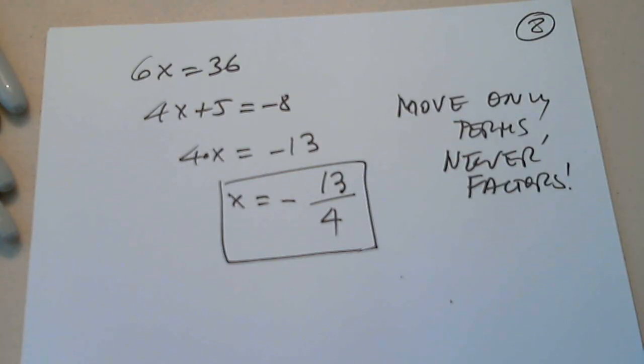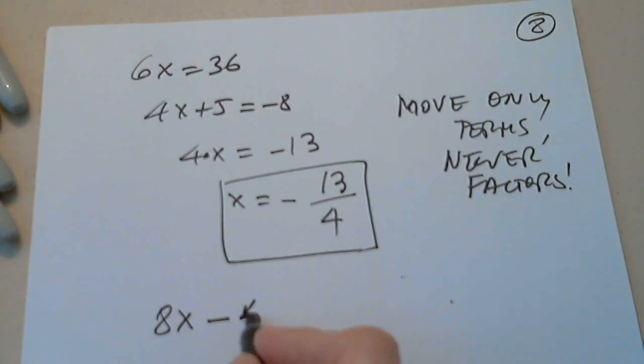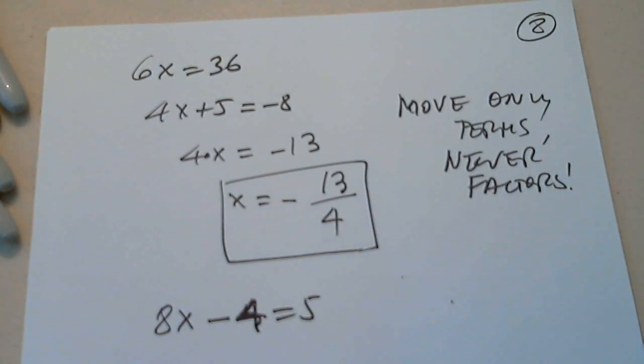Good. The product of a number and 8 decreased by 4 is 5. 8x minus 4 equals 5.